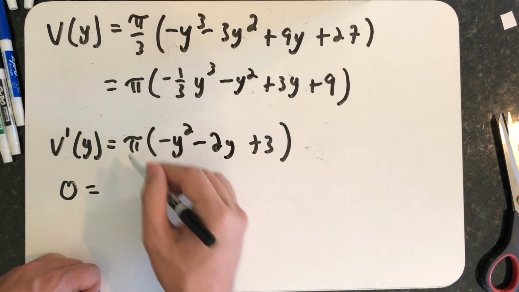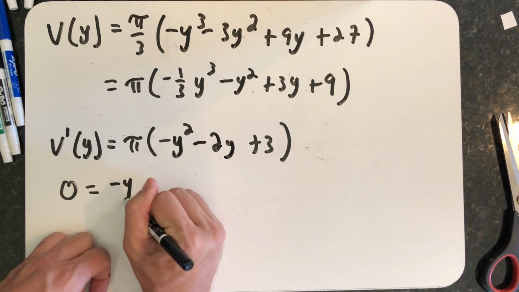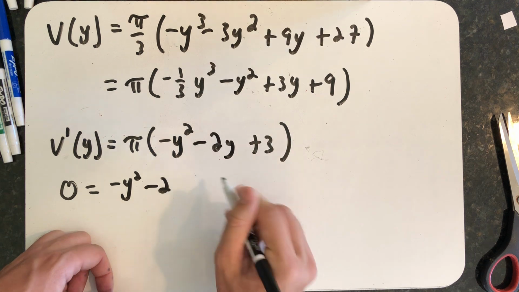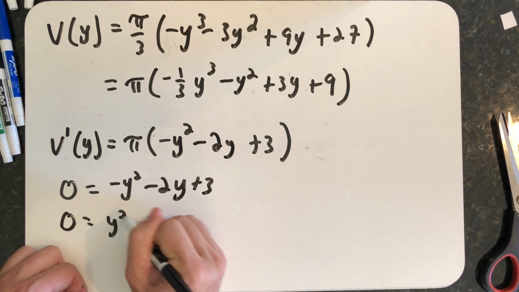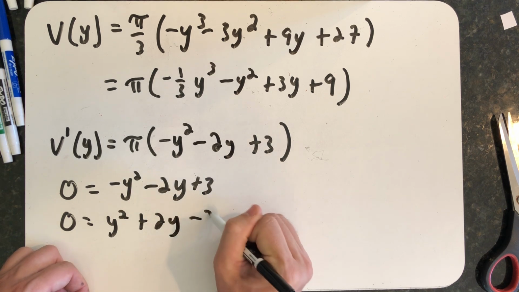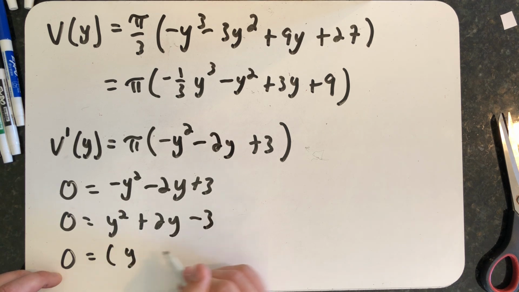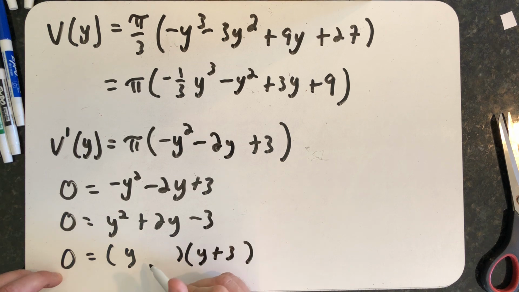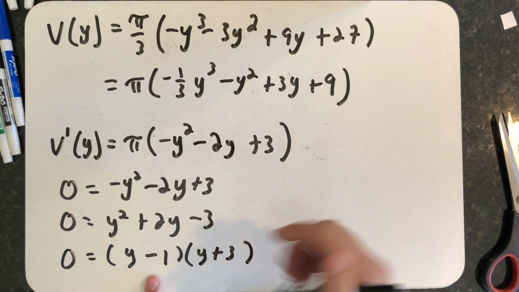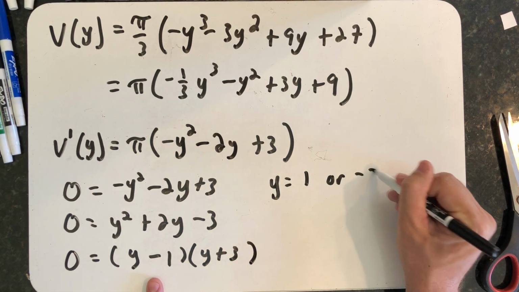Well, that derivative exists for all values of y, so we just need to find where it's equal to 0, which means I just need to set the factor with the variable in it equal to 0. This is a nice happy quadratic equation. And let's see, I think I can do this one by factoring. All right, so I have y minus 1 and y plus 3, so y is either 1 or minus 3.